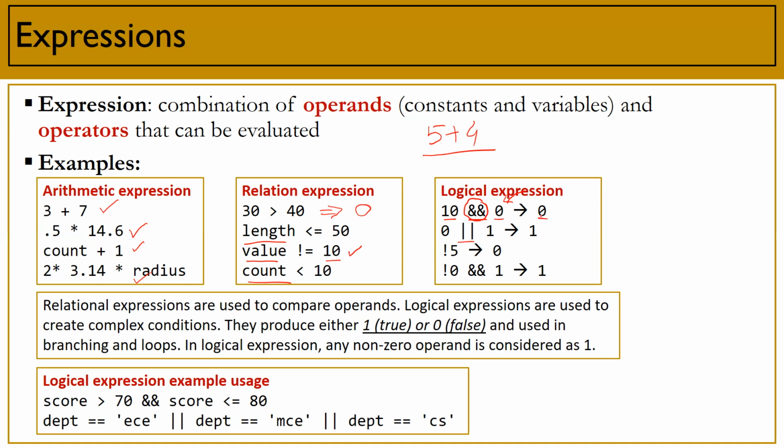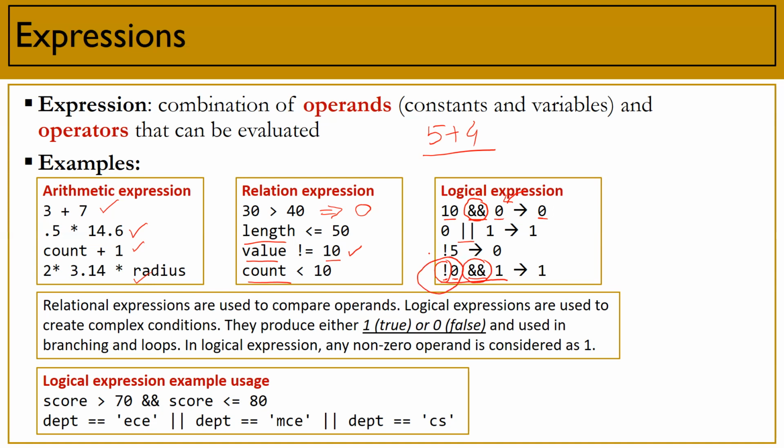Okay. So let's look at this example. Here you have this 0, and it has the negate operator, and then you have this logical AND operator. If you look at the operator precedence, this negate operator has higher precedence over this logical AND operator. So first, this part will be evaluated.